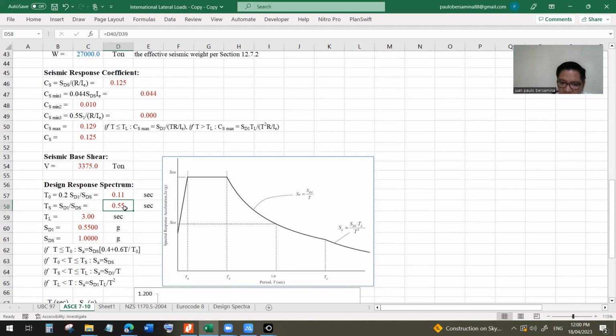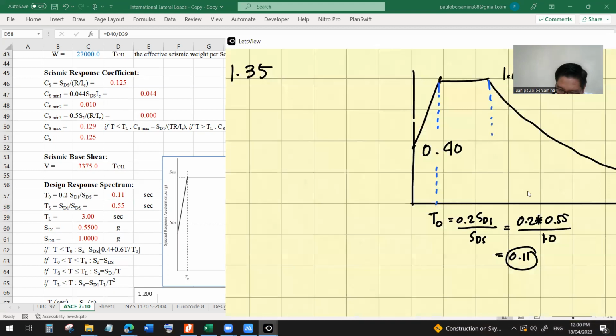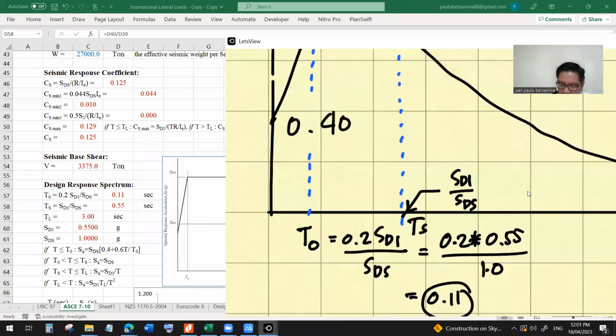Ito naman yung T sub S. This is T sub S. So which is the formula ay SD1 over SDS equal to, yung SD1 natin ay 0.55, SDS ay 1. 0.55.